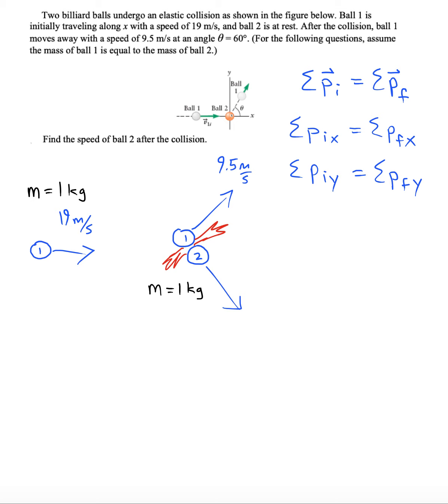Since we're going to be working with the momentum in the x direction, let's find the initial momentum that ball 1 brings to the situation. P1 initial in the x direction is its mass times the velocity in the x direction.